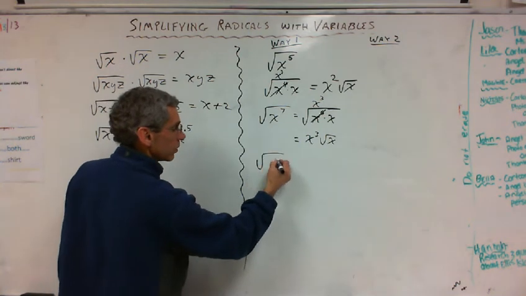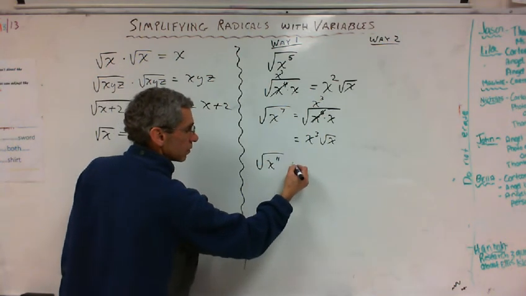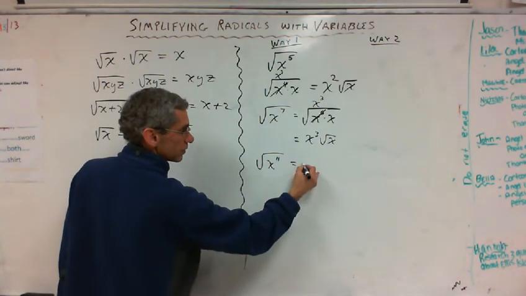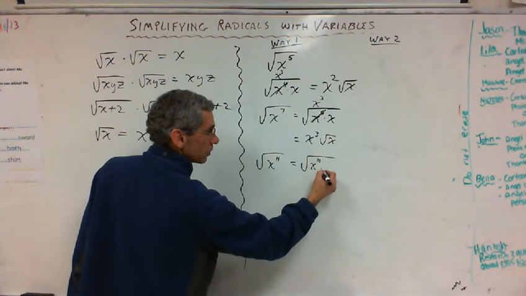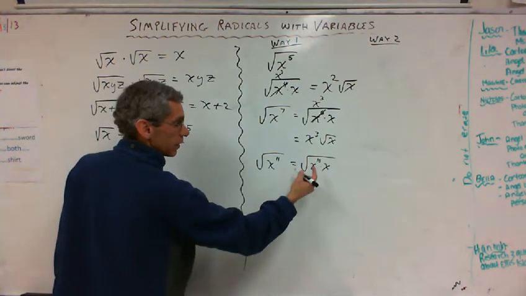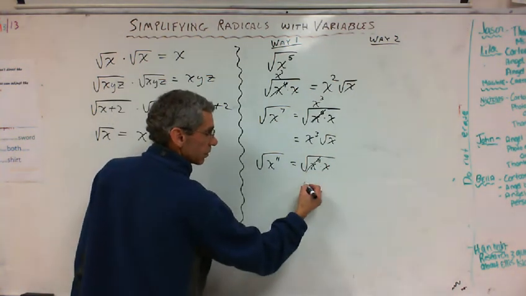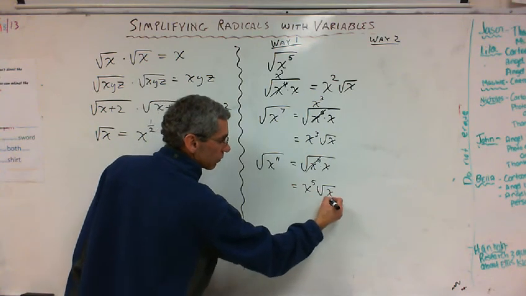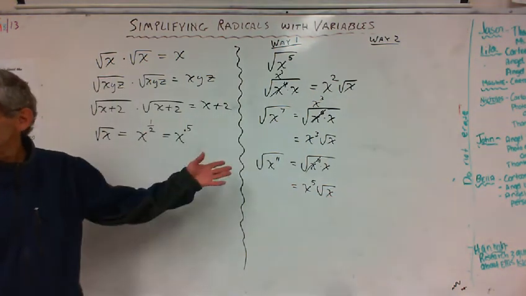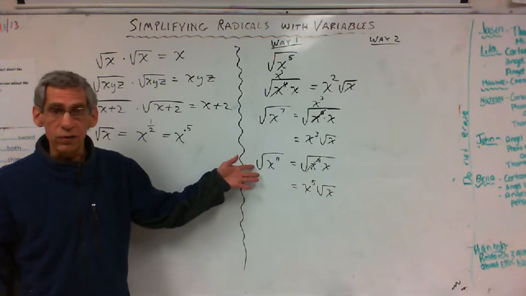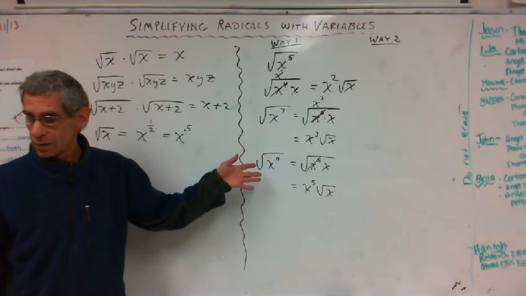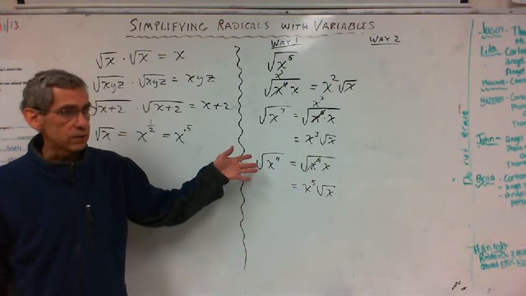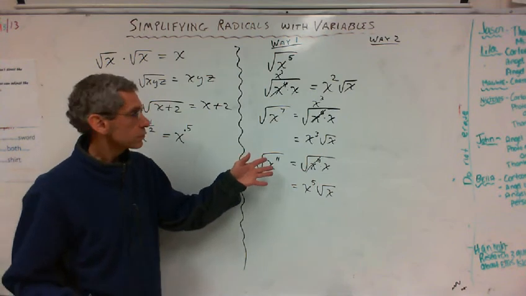Square root of x to the 11th is the same as the square root of x to the 10th times x, and x to the 10th comes out as x to the 5th, and then you still have the square root of x left over. That's really easy, right? That makes sense?